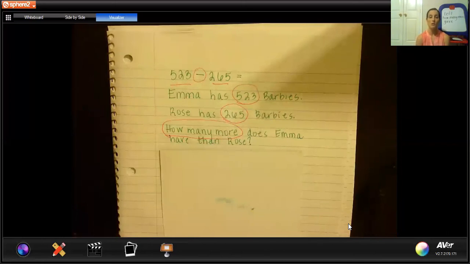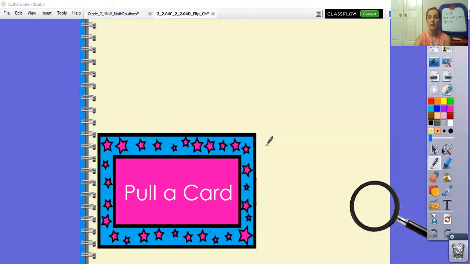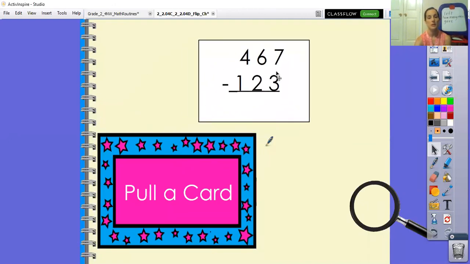All right, so hopefully you have some practice today. I'm going to stop sharing so I can show you a couple of my flip charts from here. So I'm just going to pull out a card, and I want you to see if you can generate your own problem using this number sentence.